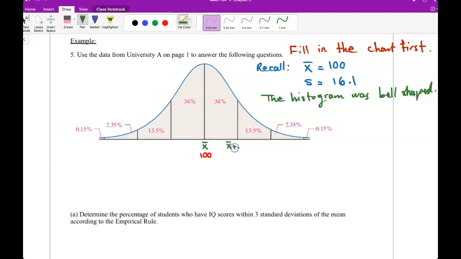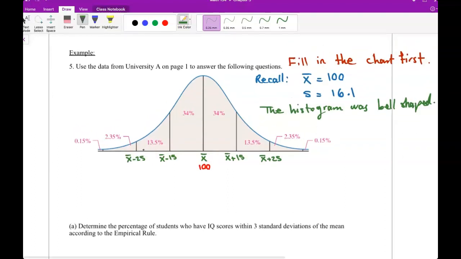Here is x-bar plus 1 standard deviation, here x-bar minus 1 standard deviation, here x-bar plus 2 standard deviations, and this one is x-bar minus 2 standard deviations.